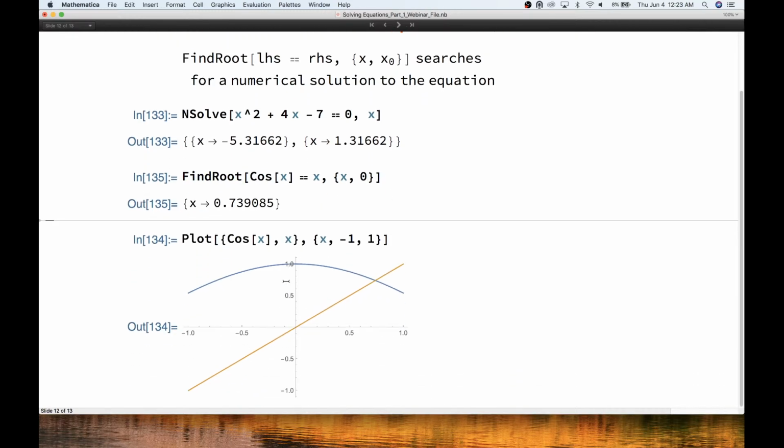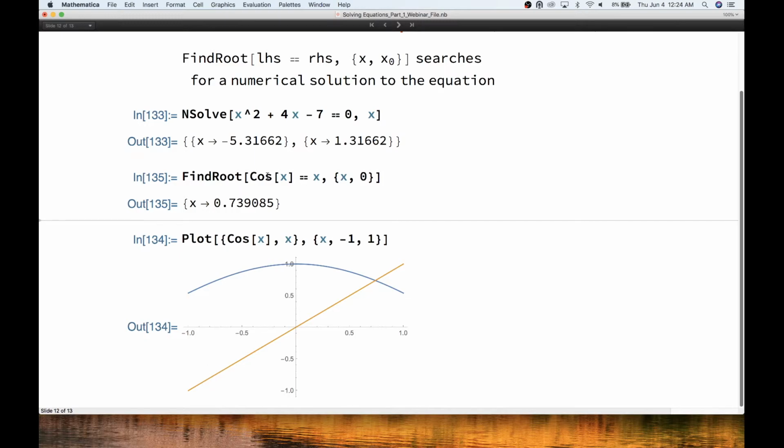So approximately at 0.739085, it will give me the point of the intersection, and it progressively tries to get closer and closer to a solution. If your equation has several solutions, FindRoot always returns the first solution it finds. So if there is another point of intersection, it will not give me both results.